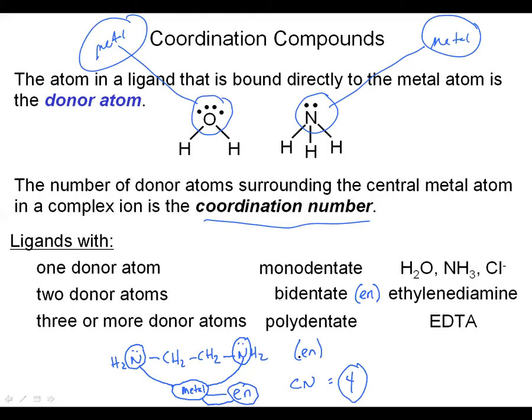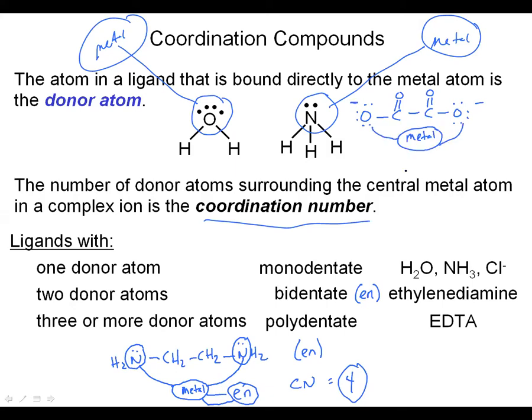Another very common one that we'll see a lot in terms of bidentate is oxalate. I think that might have been the one I used earlier on as an example. If you draw oxalate, it looks something like this. That's C2O4 2 minus. So when one molecule of oxalate goes to bind in, the oxygen here and the oxygen here are going to bind.